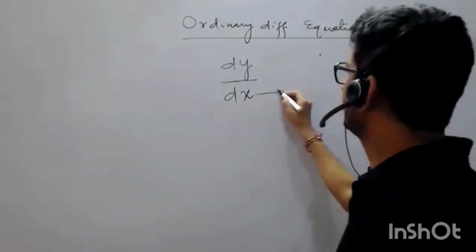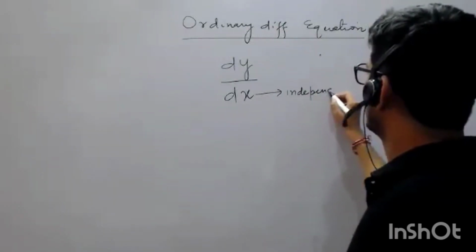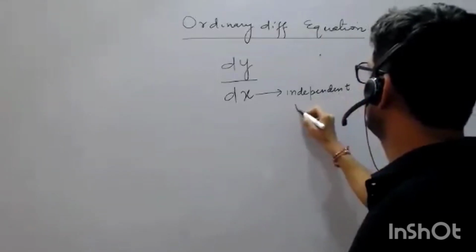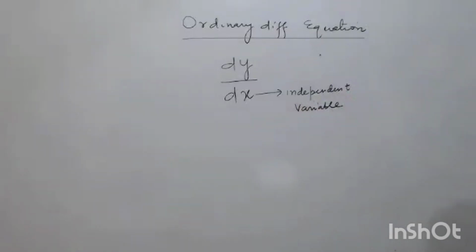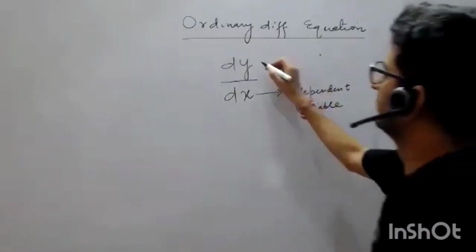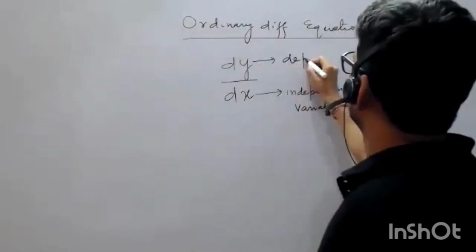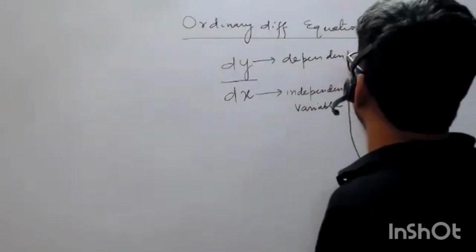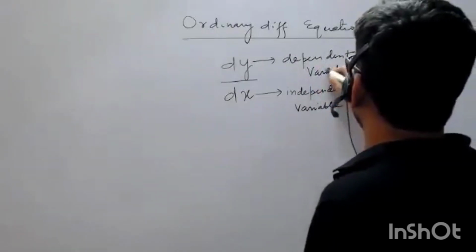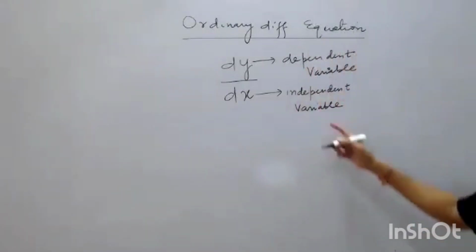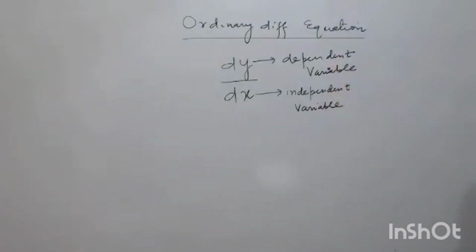So this x is known as independent variable, and this y is known as dependent variable. So this is independent variable and this is dependent variable.